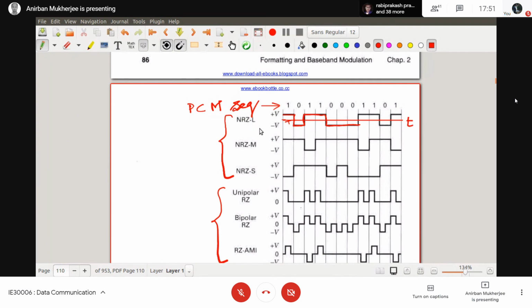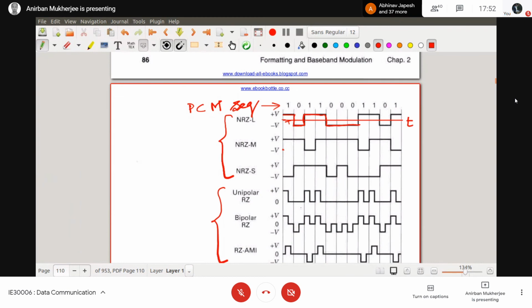If there is NRZ-M, M means mark, which means 1. Say I have started from here; whether I start from here or here doesn't matter. At every 1 I will always have a transition.